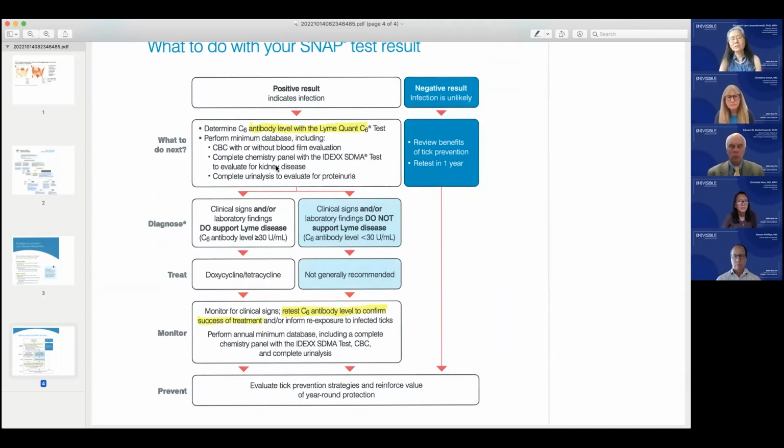So one of the things with the human is you give a course of antibiotic and then you're considered cured. This is what I propose: you really need to have a quantified way for therapeutic monitoring to see how successful the treatment is.